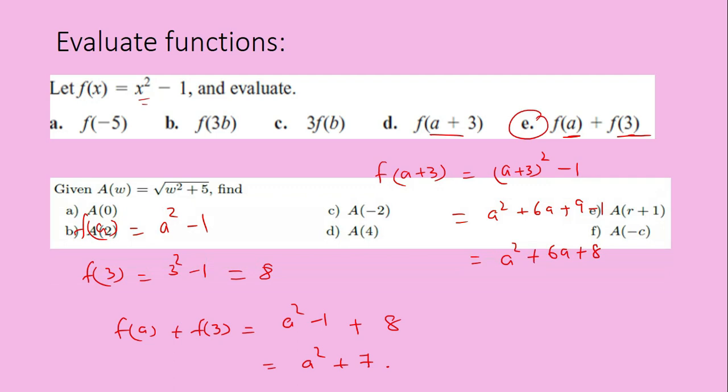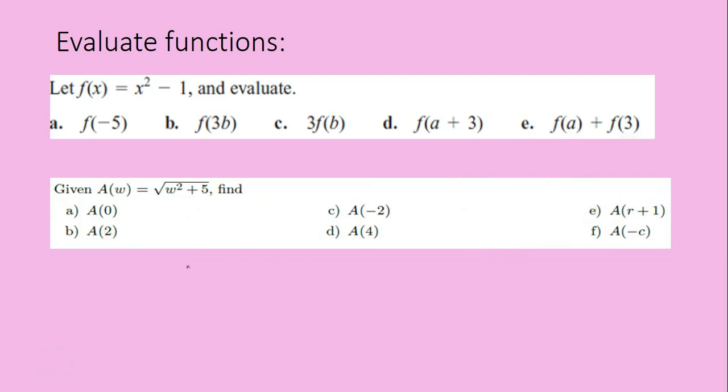And next, some more examples of evaluation of the function. I'm not going to solve all of these. A of 0 is easy, just replace w by 0 in the first case, w by 2 in the second case, minus 2, 4, these are trivial, isn't it? Try e, a of r plus 1. Wherever w comes, replace it by r plus 1.